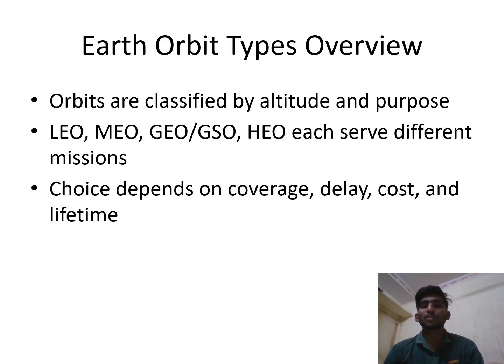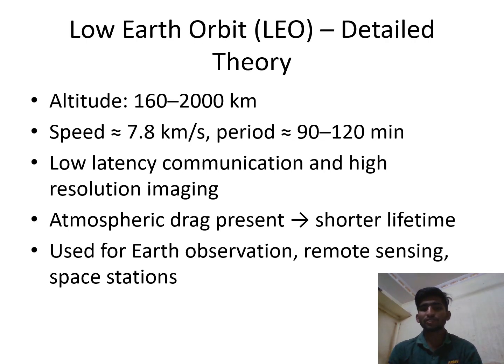We can choose different orbits for different applications, such as communication, GPS navigation systems and experimental missions. Cost increases or decreases depending on which type of orbit we use. Let's see them one by one.